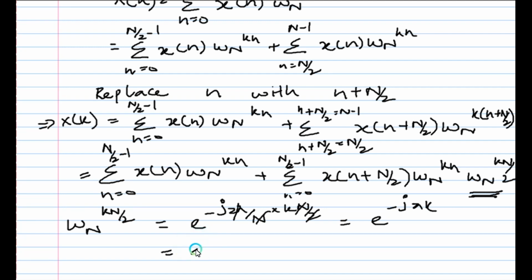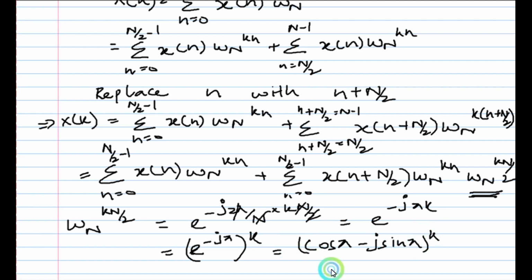We can write this as e raised to the power minus j pi, whole raised to the power k. So this becomes cos of pi minus j sine of pi, whole raised to the power k. Cos of pi is minus 1, sine of pi is 0, so this becomes minus 1 raised to the power k. So instead of this W_N^{kN/2}, what I can write is minus 1 raised to the power k. Okay, fine. So we'll go to the next page.